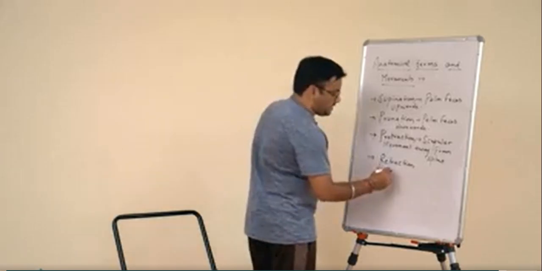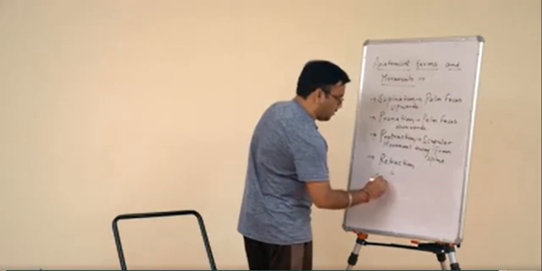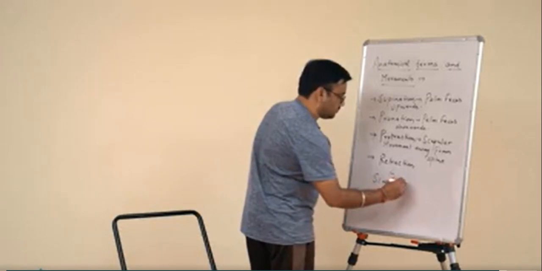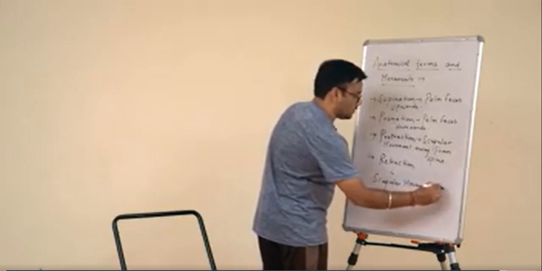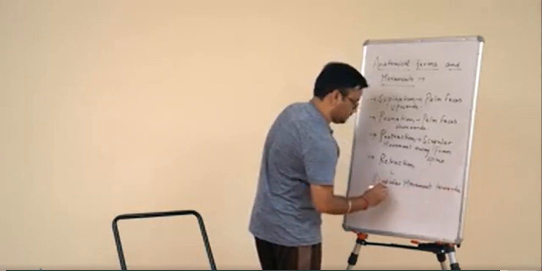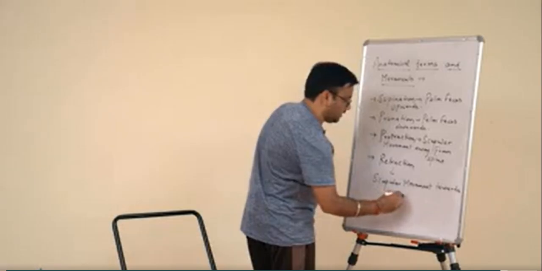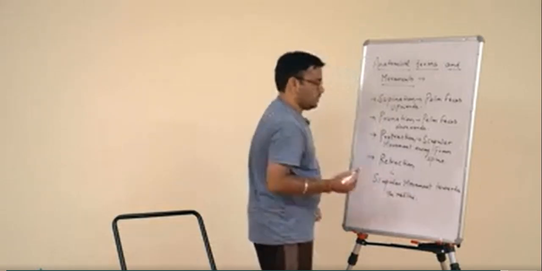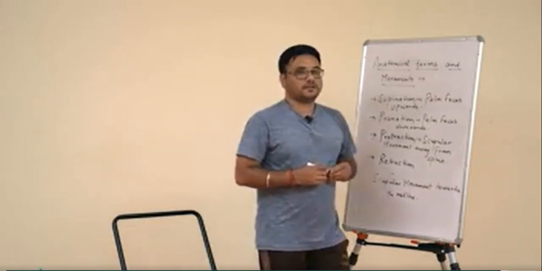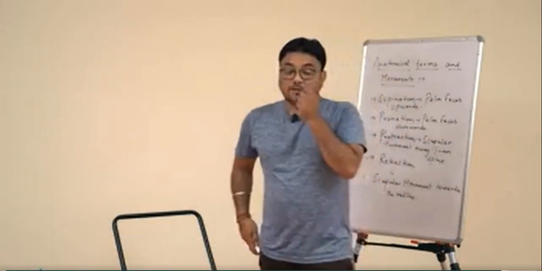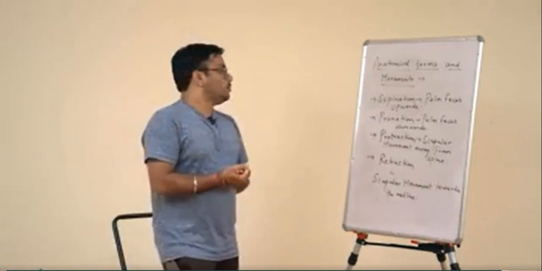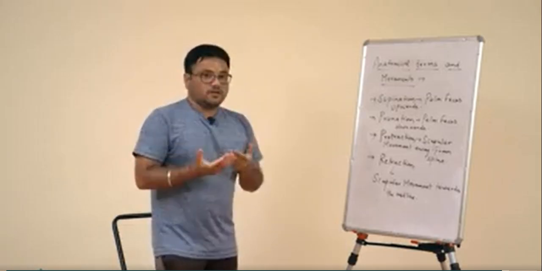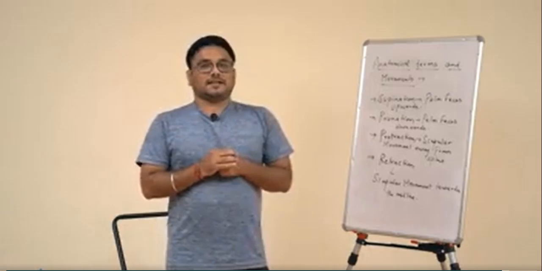And the retraction is scapular movement towards the midline or towards the spine. So these are the anatomical movements, guys. Right? These are the anatomical movements. It's not easy to learn in a single class.